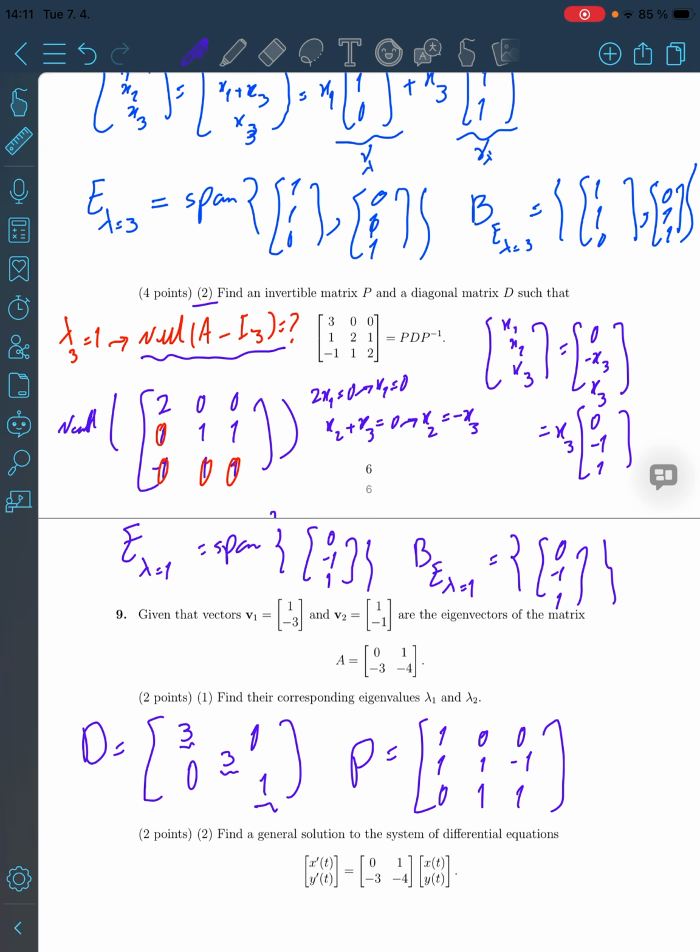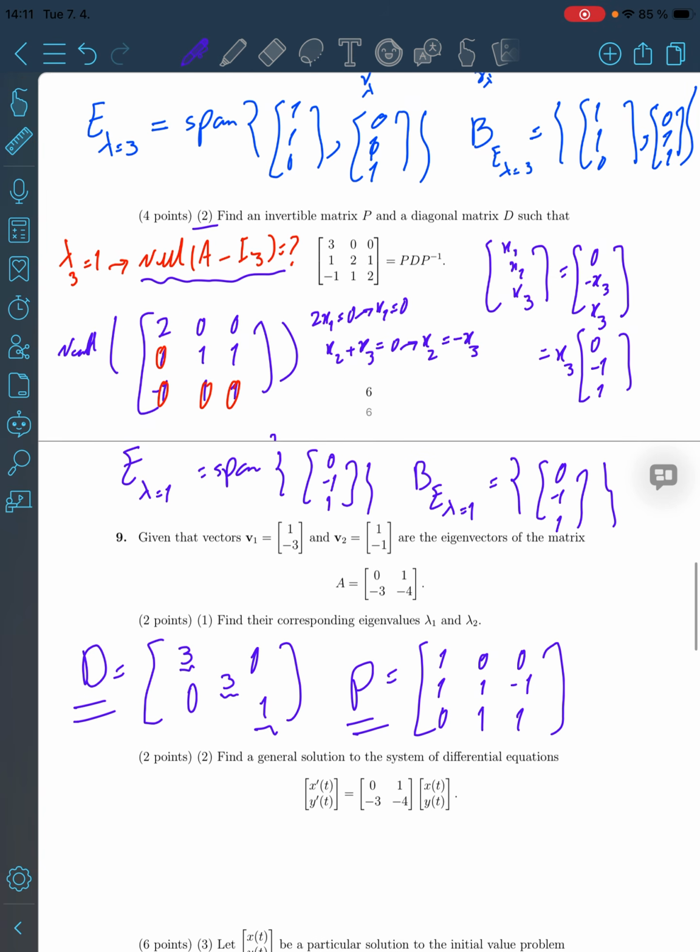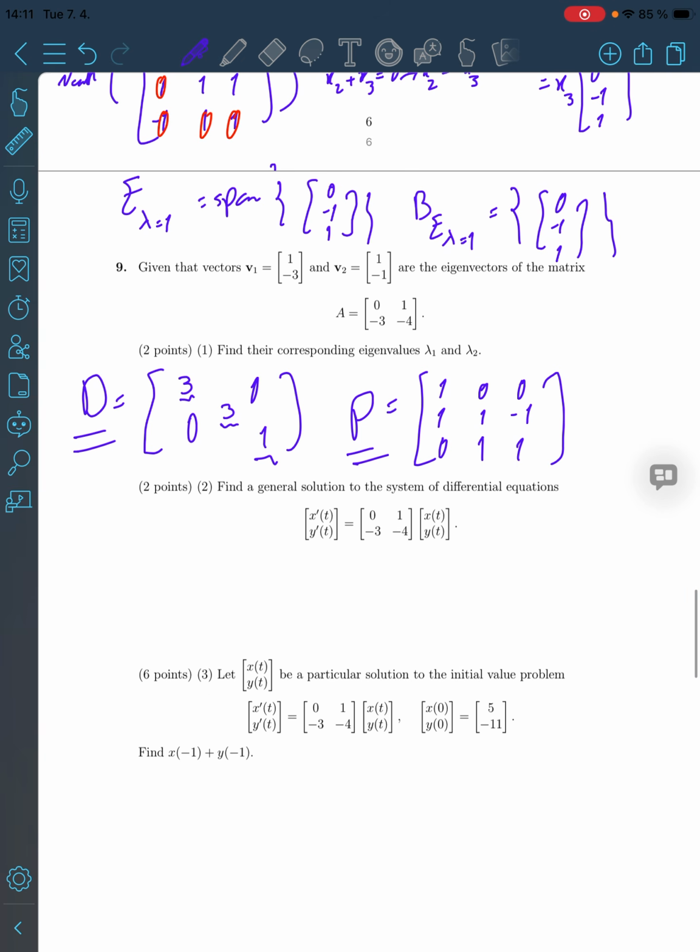So therefore, this is your matrix P, this is your matrix D, and then you are done with question number 8. Okay, let's move on and go to question number 9.